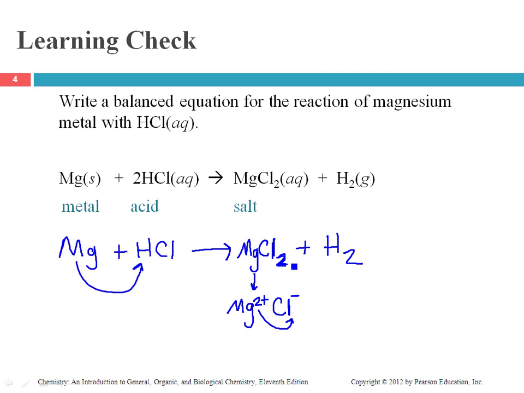Okay, that makes our charges balance, and that's the way that the magnesium and chloride are going to bond, so that they have the adequate amount of electrons. Okay, and we also want to go ahead and place a 2 here, because we have 2 hydrogens on the product side. We need 2 hydrogens. So we're going to look and check, make sure everything's balanced. It looks like it is.